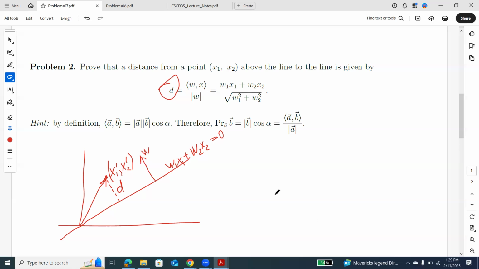So let's use this formula. The distance will be a projection of our vector x prime on vector W. Or it will be a dot product, and the dot product is just W transpose times x prime over the length of vector W. And if you look at the formula above, I just need to use prime everywhere for x.